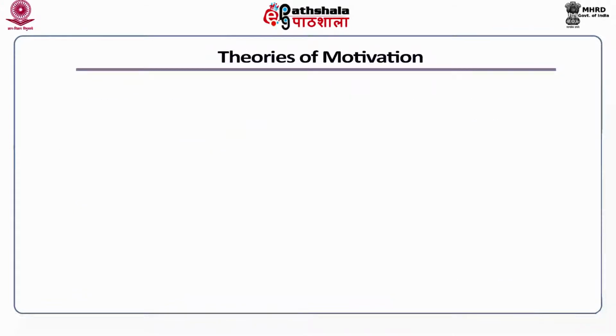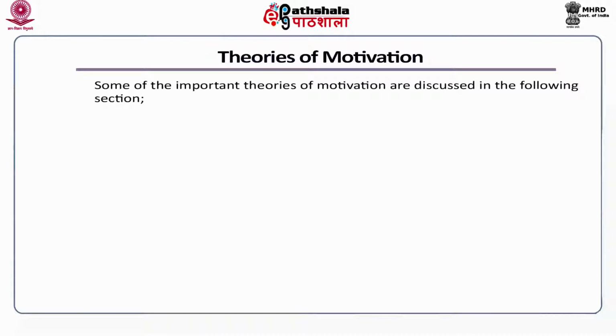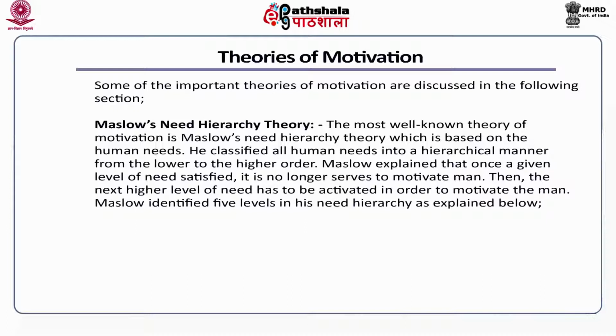Theories of motivation. There are different theories of motivation, and the first one is Maslow's need hierarchy theory. The most well-known theory of motivation is Maslow's need hierarchy theory, which is based on human needs.